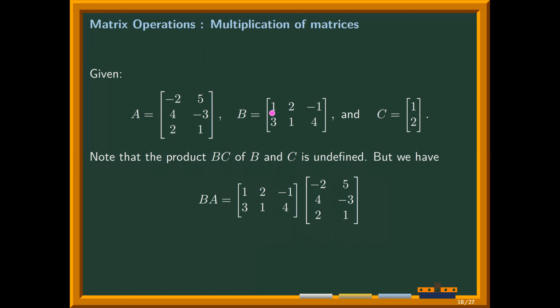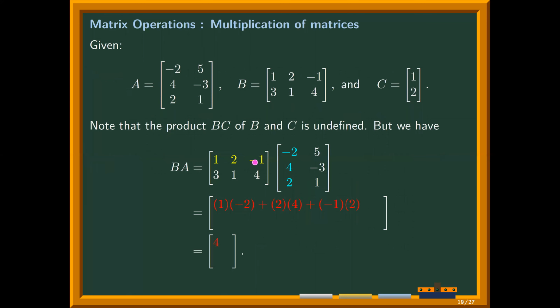The number of columns of the first factor does not match the number of rows of the second factor. But BA is actually defined. B has 3 columns, A has 3 rows, so this product is well defined, and following the rule, BA should be a 2 by 2 matrix.